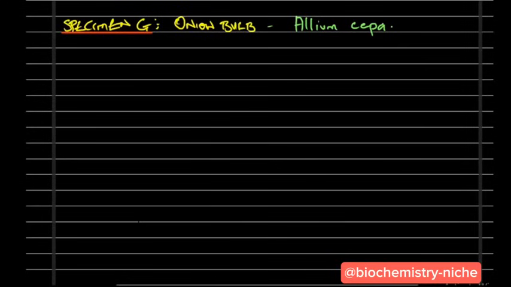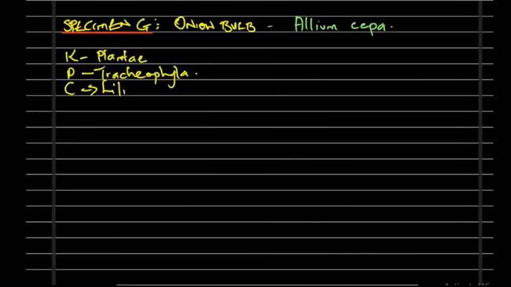So let me start with talking about its classification. Its kingdom is Plantae. Then the phylum, we have it also to be Tracheophyta. We have the class to be Liliopsida as well. Ginger not too long ago, we said the ginger class is also Liliopsida. And then we have the order now.